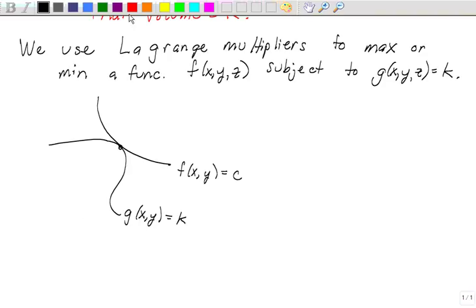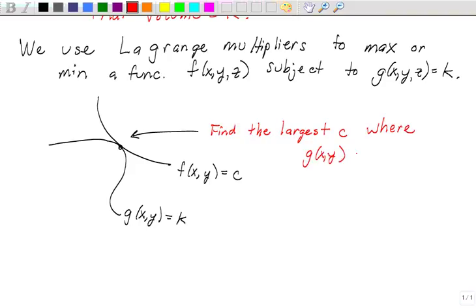So the job of this is to find the largest C, just to find the largest level curve where g and f intersect.